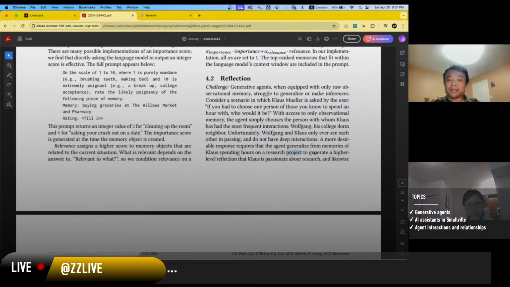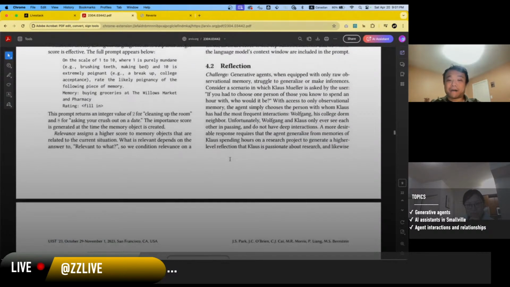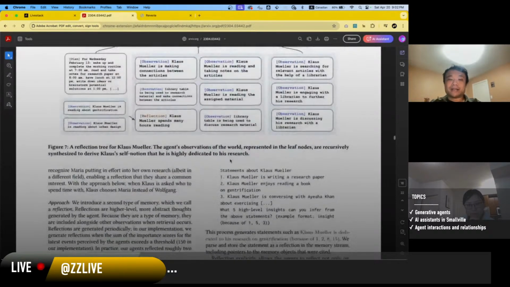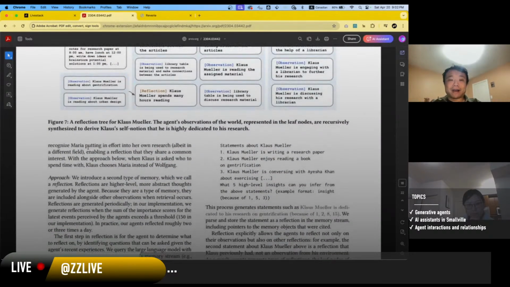A more desirable response requires that the agent generalize from the memories of Klaus spending hours on a research project to generate a higher level reflection that Klaus is passionate about research, and likewise recognize Maria putting in effort into her own research, albeit in a different field, enabling a reflection that they share a common interest. Interesting.